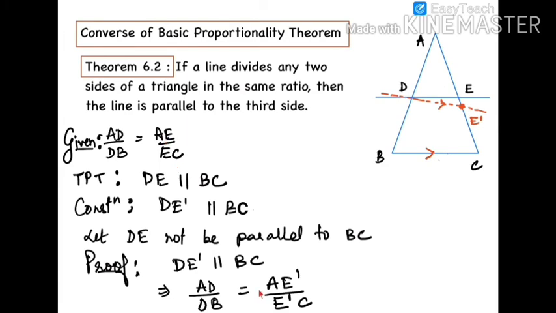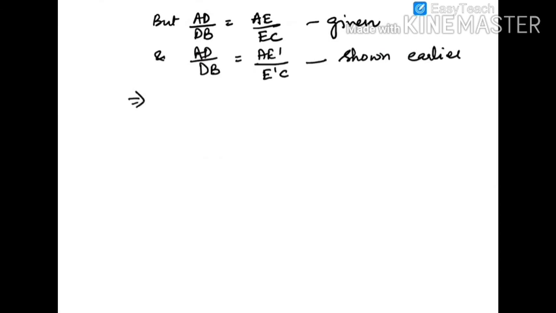So compare these two. Their left hand sides are same. So we can equate their right hand sides. So this implies AE upon EC is equal to AE dash upon E dash C.